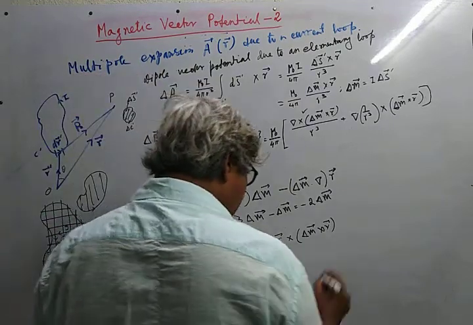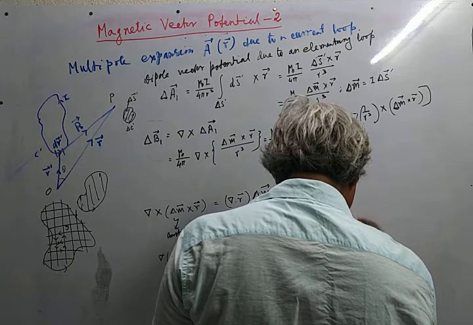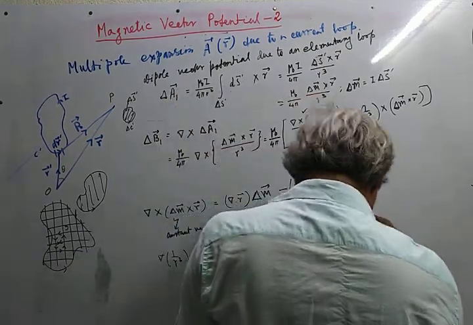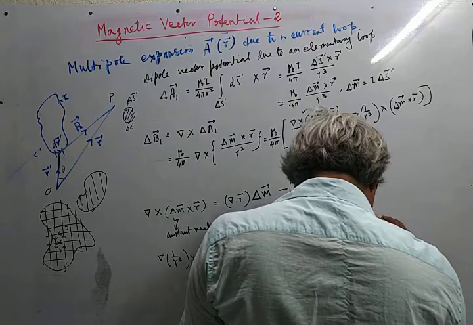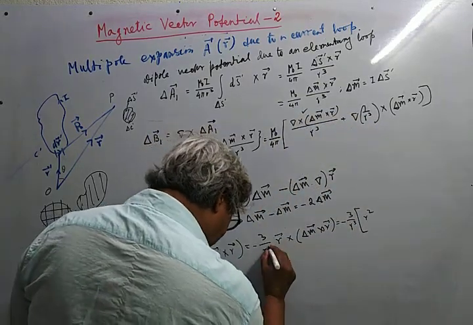So apart from minus 3, this is r squared delta m. Sorry, this is to the power 5.